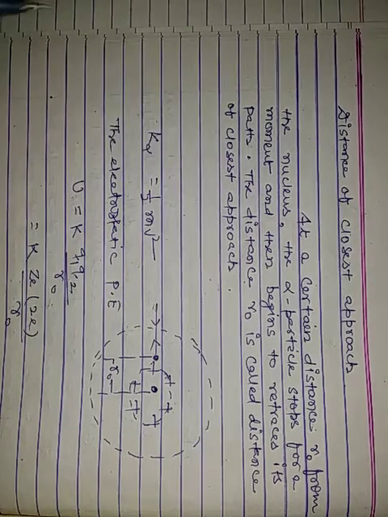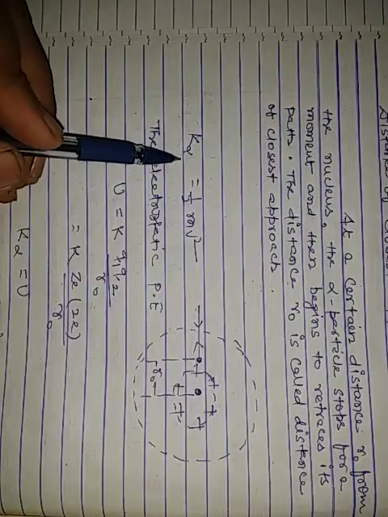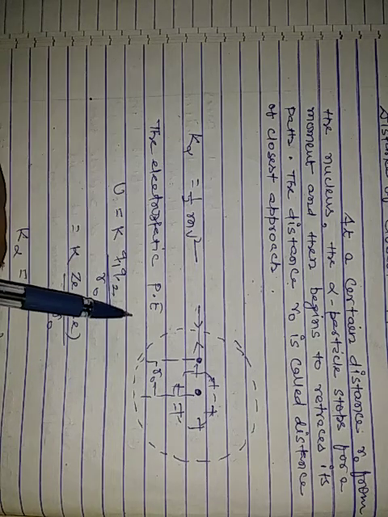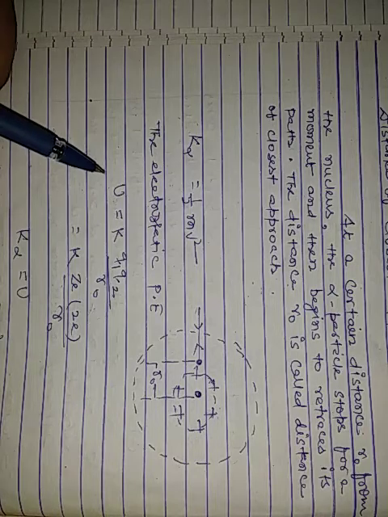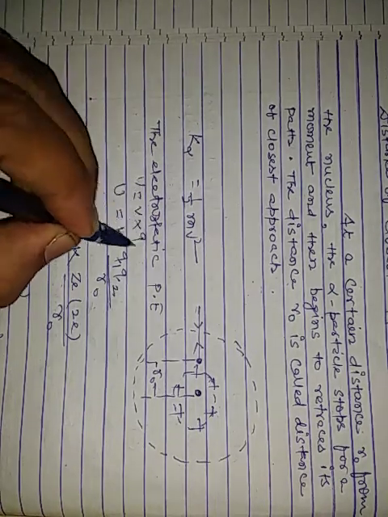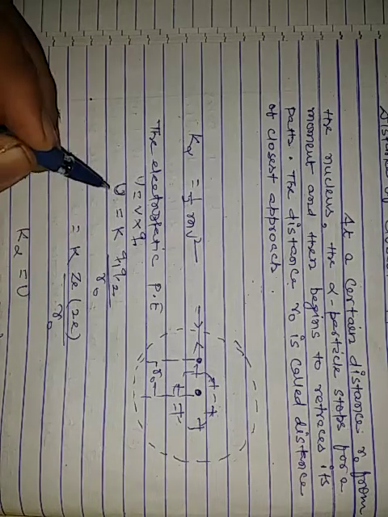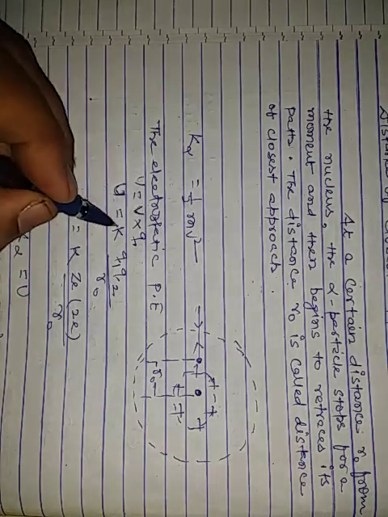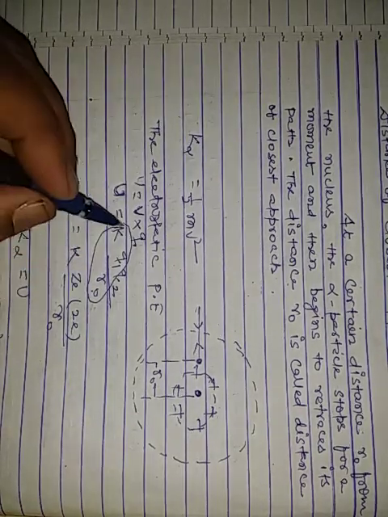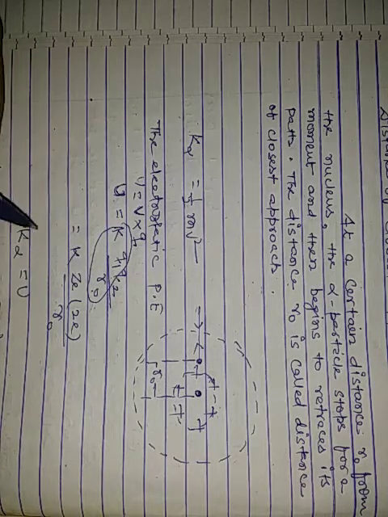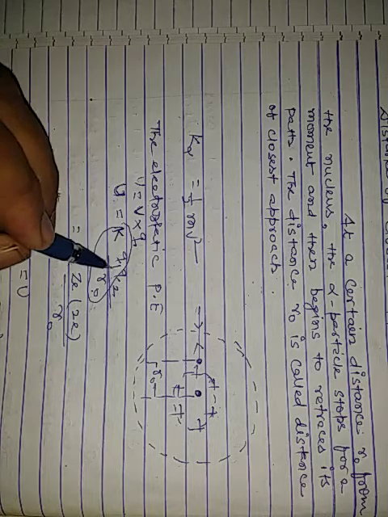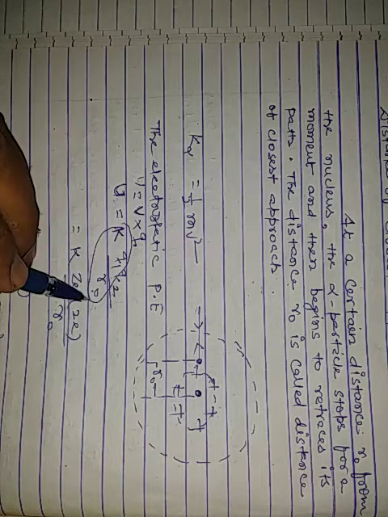As we know, the kinetic energy gained by the alpha particle is half mv square, and the electrostatic potential energy is U equal to K Q1 Q2 by R0.